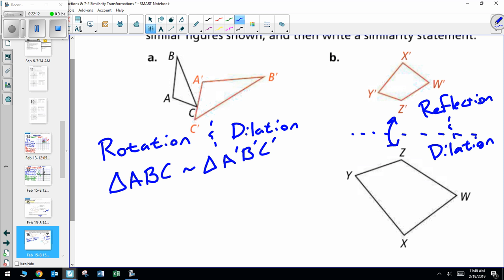And then again, to write the similarity statement, if it's not a triangle, you're just using all the letters. So we have WXYZ is similar to W prime X prime Y prime Z prime.